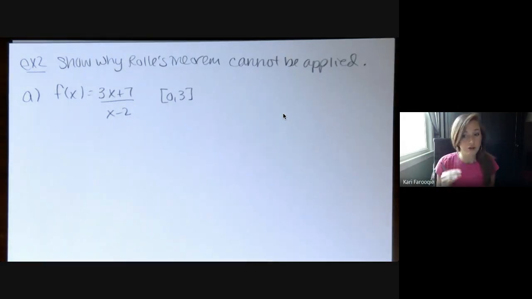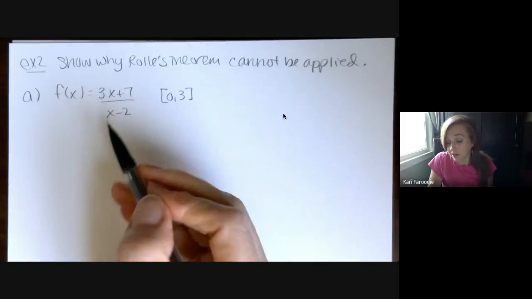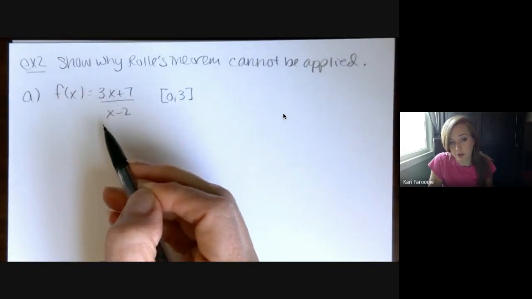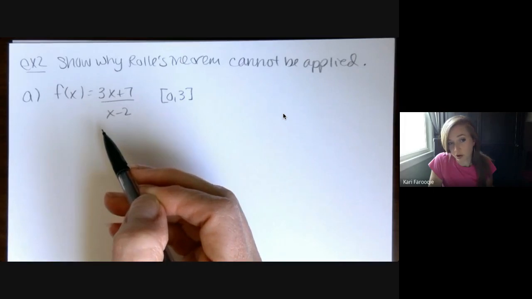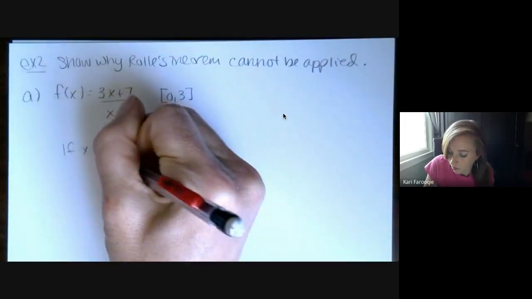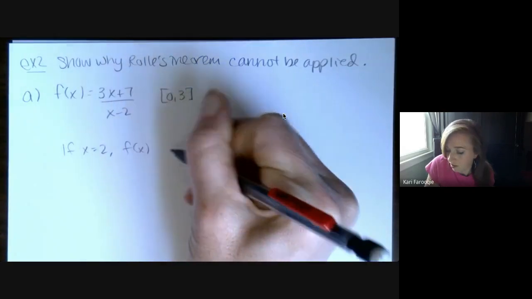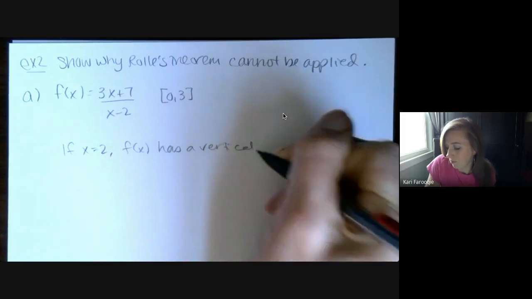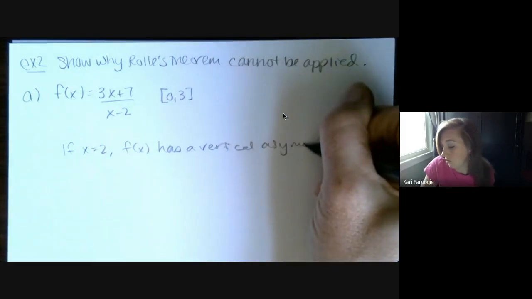So you have 3 conditions. You don't necessarily have to start with one versus another. In this case, one thing that's jumping out to me is that I'm clearly going to have a continuity problem, and the continuity problem is going to occur at x equals 2. So if x equals 2, f of x has a vertical asymptote, which is a discontinuity.